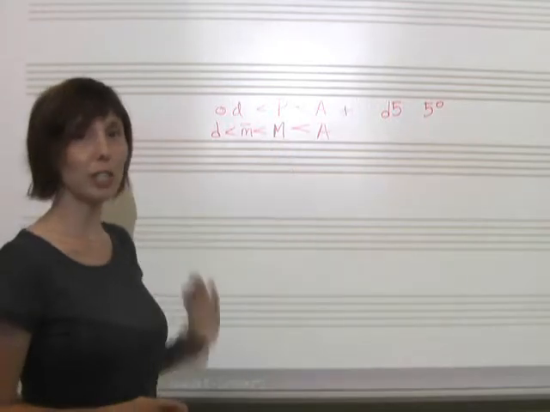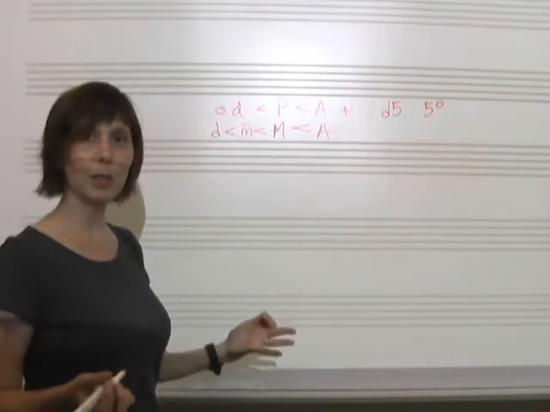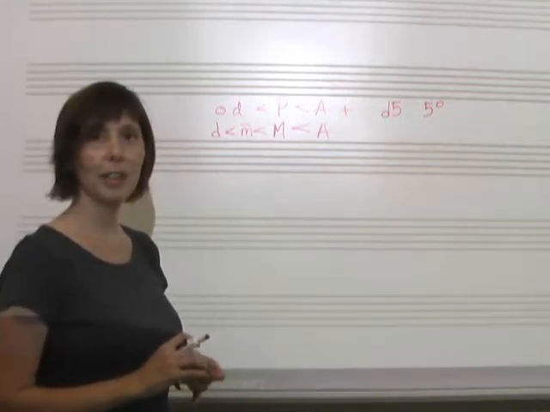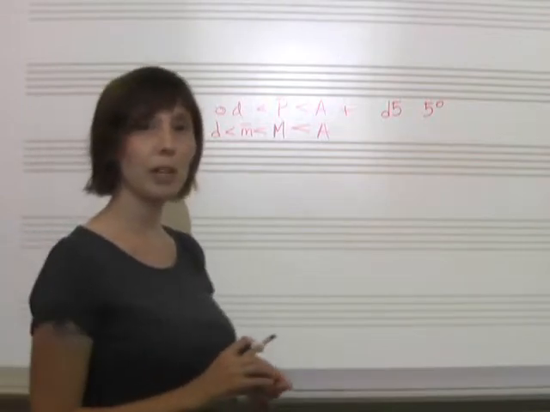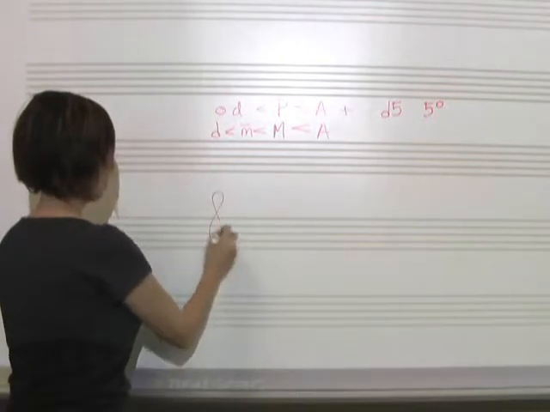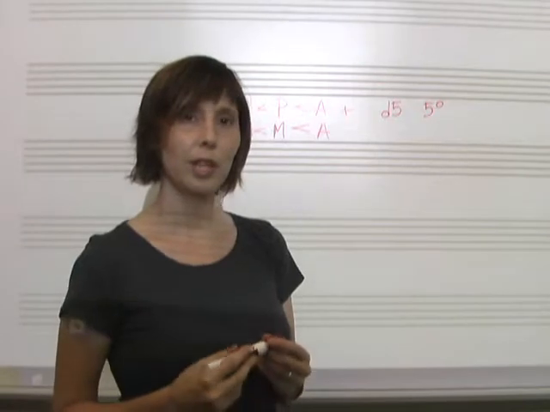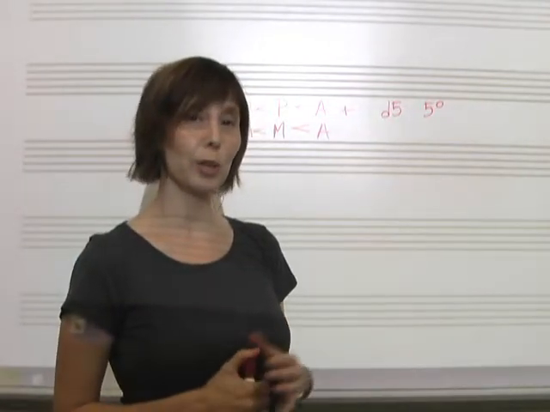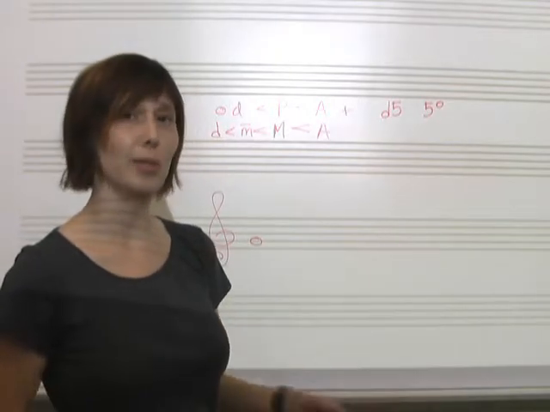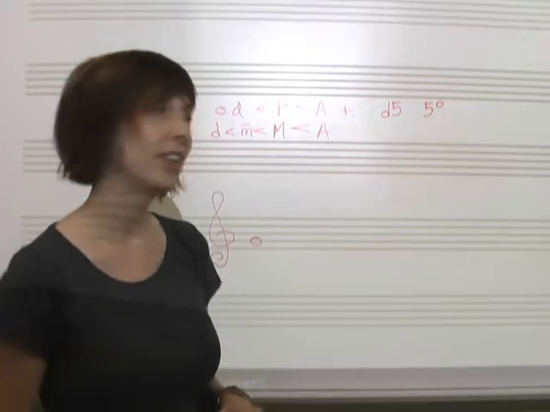uppercase refers to major. So let's say, for example, that I want to build a diminished third above G. So my first step is going to be to figure out what's a third just generically above G. G, A, B. Okay.